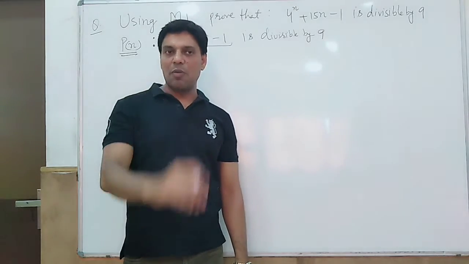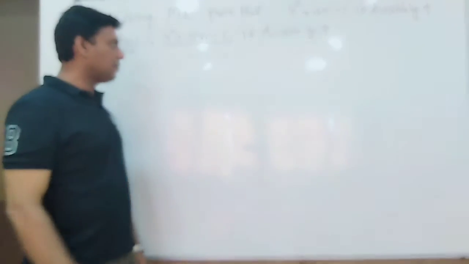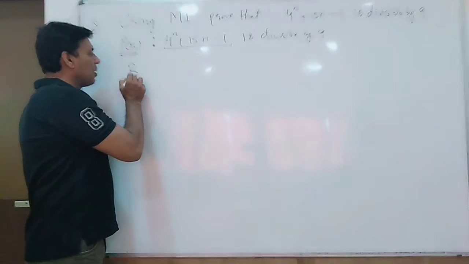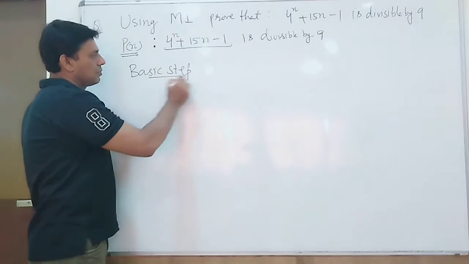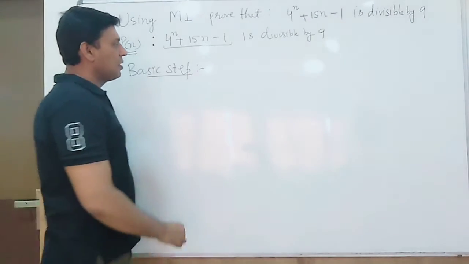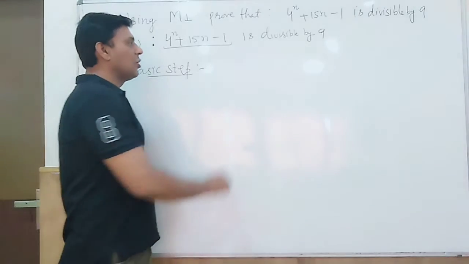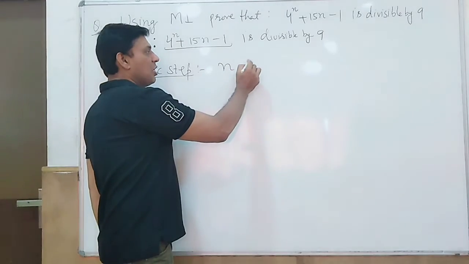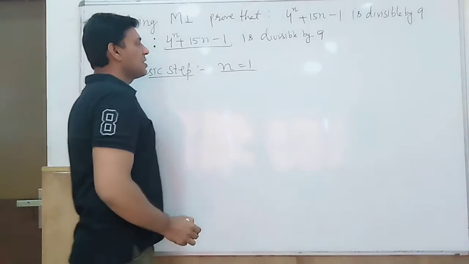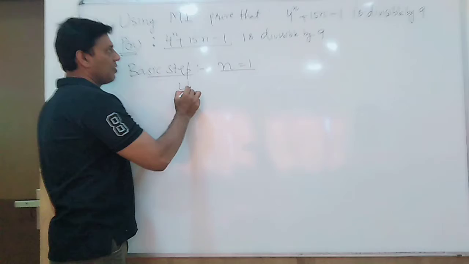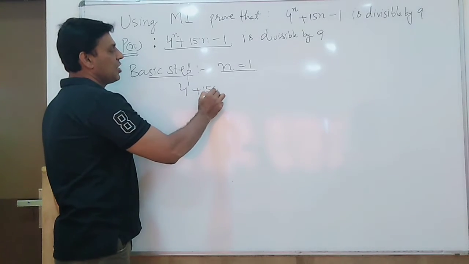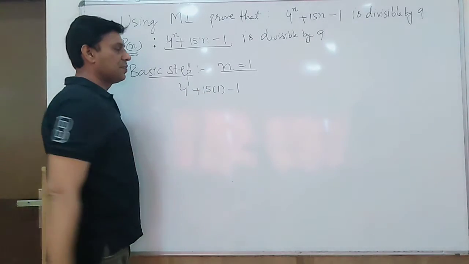So we will start from the basic step. In the basic step we have to prove the result for n equal to 1. So we will put n equal to 1 in the given expression, that is 4 to the power 1 plus 15 into 1 minus 1.